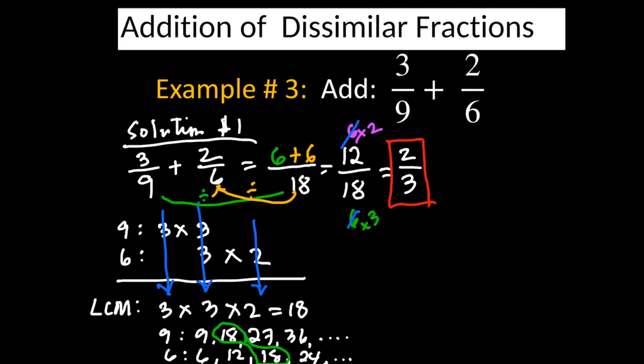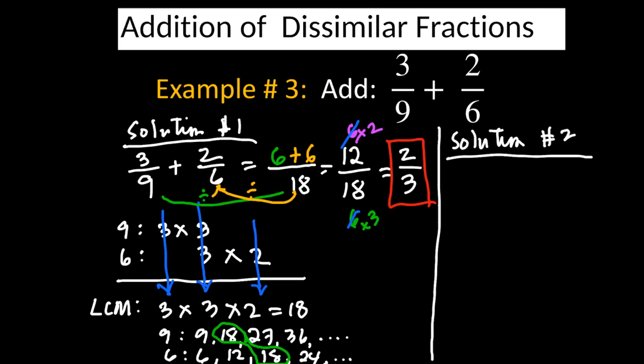Alright, now let's have solution number 2. Okay, so let's copy 3 over 9 plus 2 over 6. In this method, you multiply the denominators.